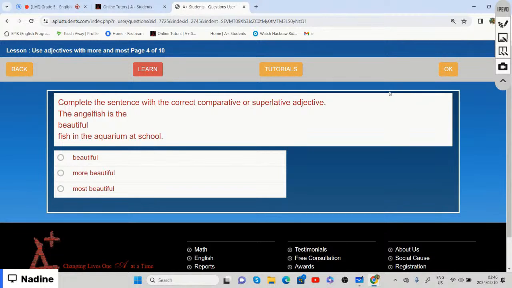So we can say the angelfish is the most beautiful fish in the aquarium at school.